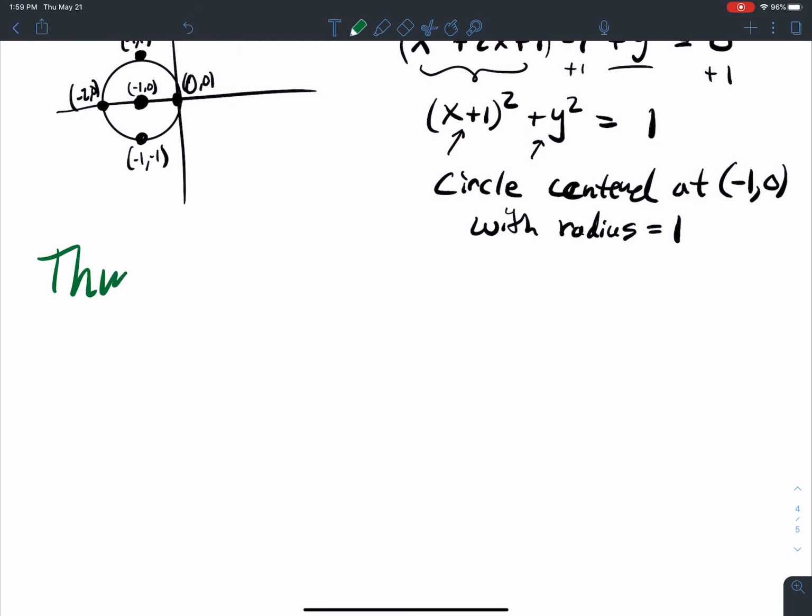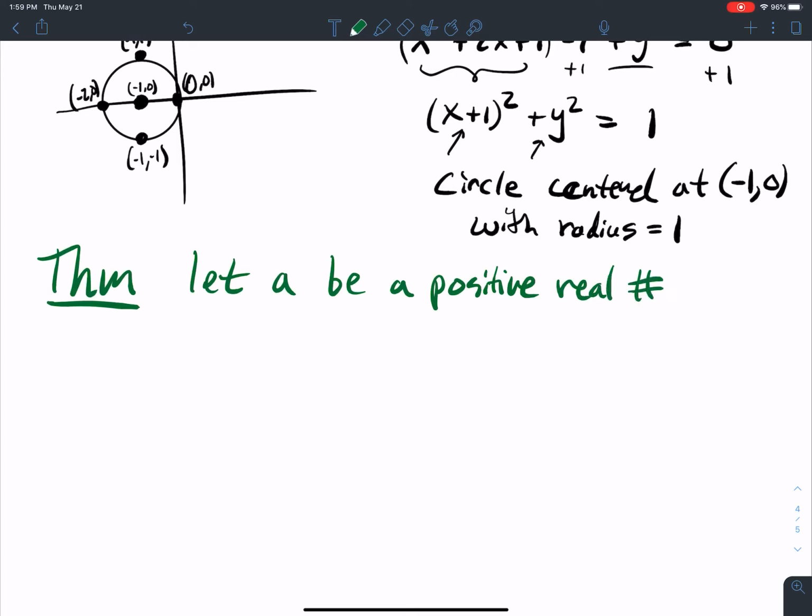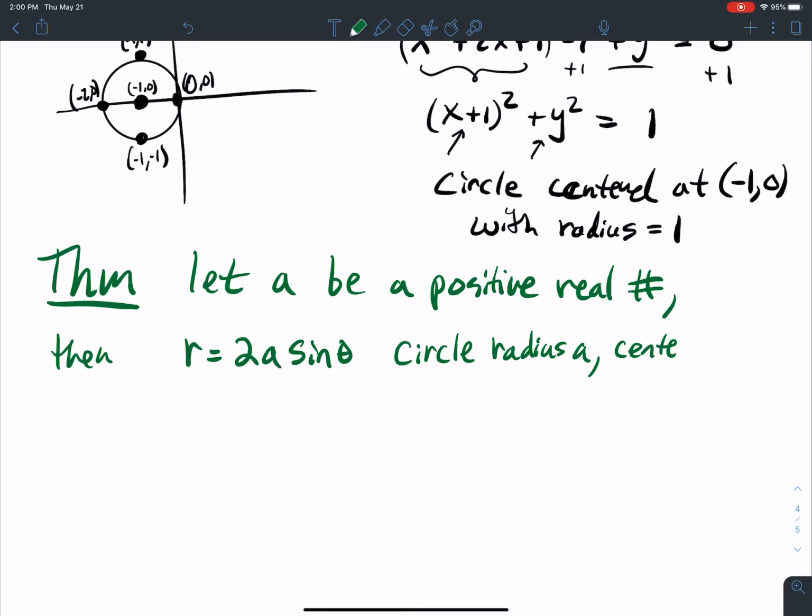So here's a theorem. Let a be a positive real number. Okay. Then r equals 2a sine theta is a circle, radius a, centered at (0, a).